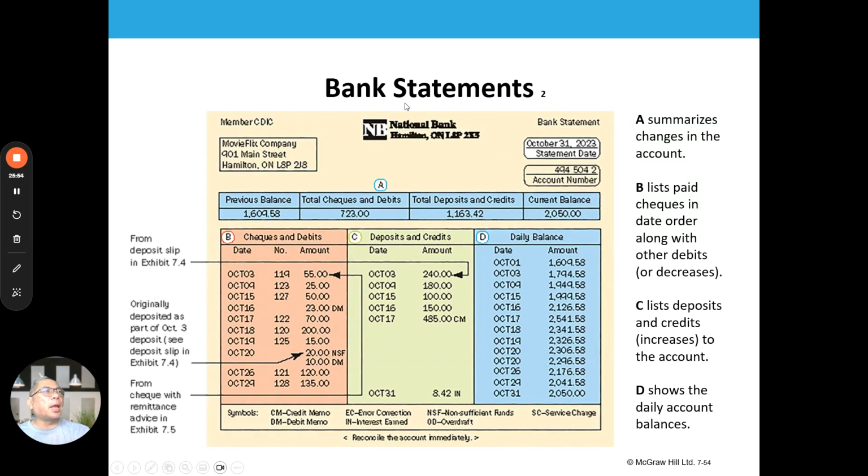This is a typical example. Checks and debits, deposits and credits, daily balance. Step by step it summarizes the checking account. B lists paid checks. C lists the deposits and credits. And D shows the daily balance. These are the differences.